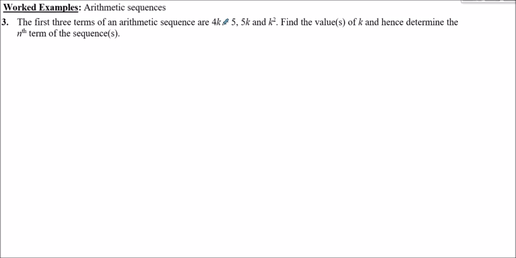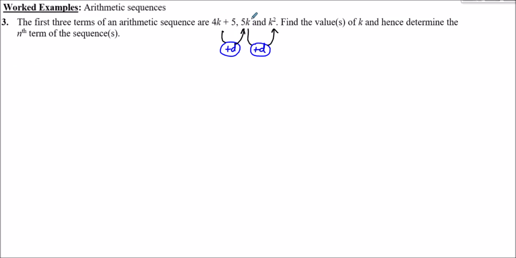So from 4k plus 5 to 5k, that must be a difference of d. And from 5k to k squared, again must be a difference of d. So the common difference is d.